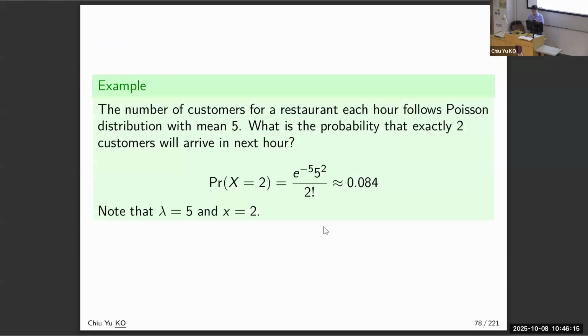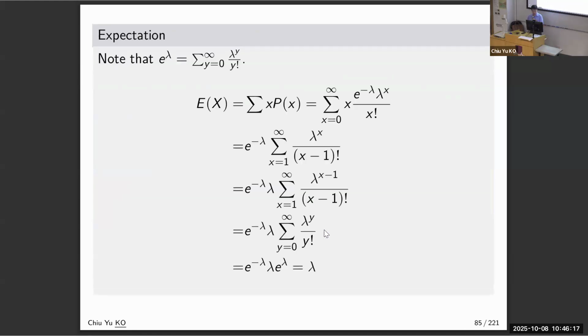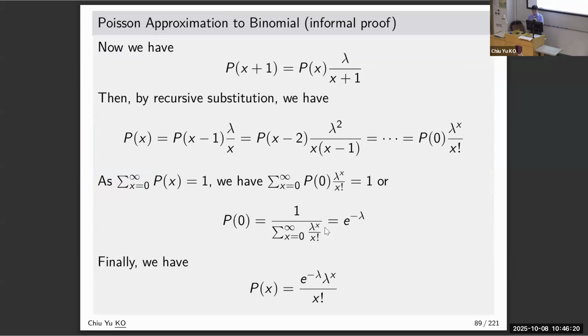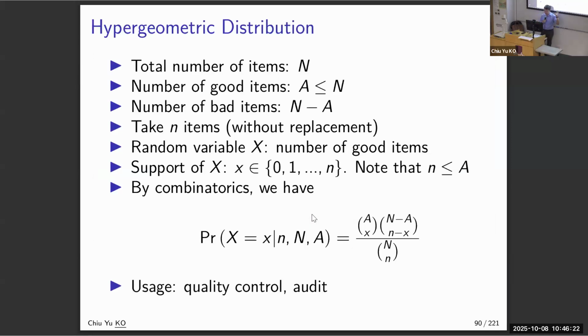Okay. And then after that, we have another very important distribution we'll be using a lot, called hypergeometric. The idea would be that you have a big N of items, out of which big A are good. You're going to take small n out of it, and you ask how many of them are actually good items.